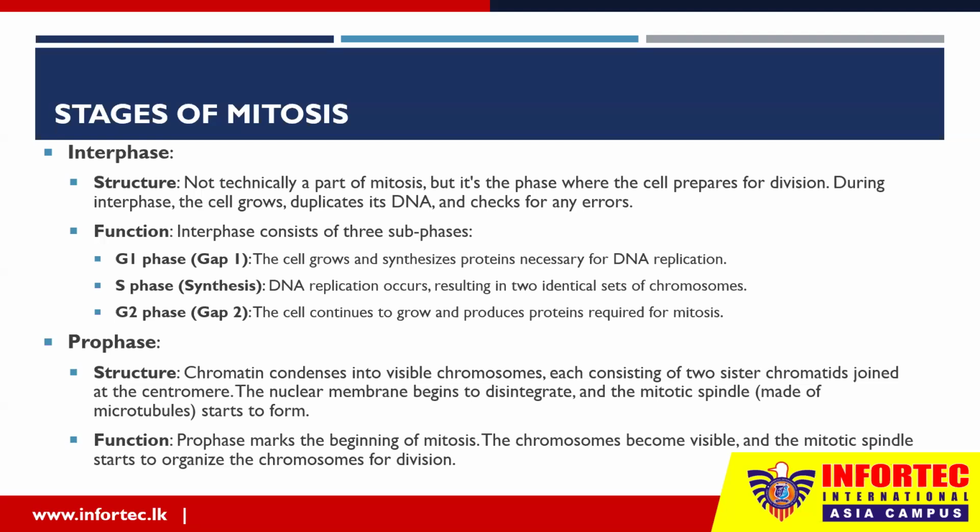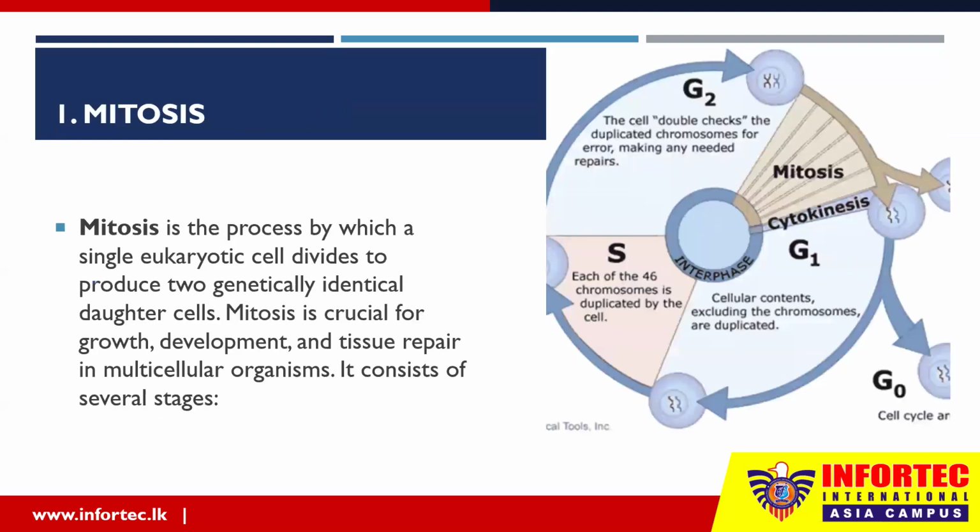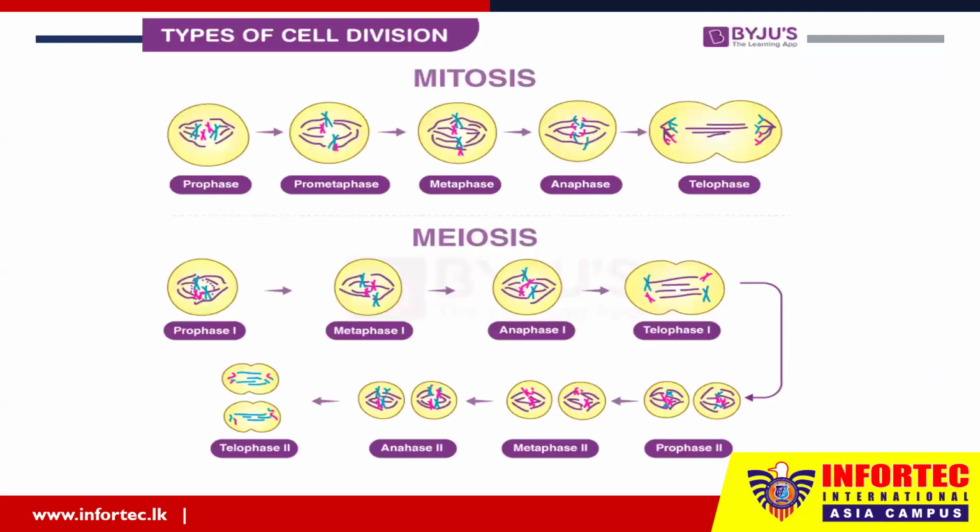When coming to mitosis, the first stage is prophase. Here you can see the mitosis. There are several stages. The first stage is prophase. Actually, prometaphase is an intermediate phase between prophase and metaphase, so we are going to ignore that. There are four main phases in mitosis: prophase, metaphase, anaphase, and telophase.